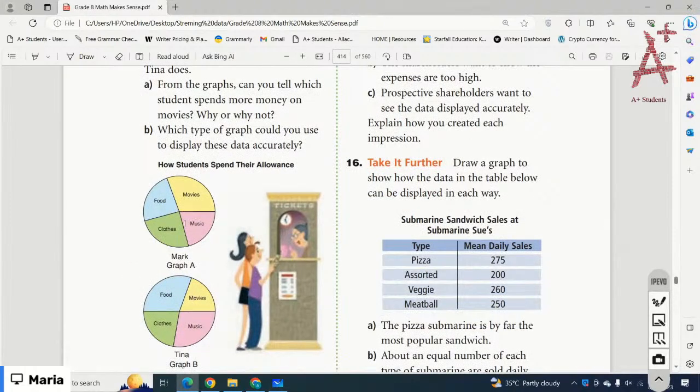Okay, movies. Here it is. Who can see more? Just look at the graph carefully, right? The portion for movies in graph A is greater than in graph B. That means Mark spends more money on the movies, right?